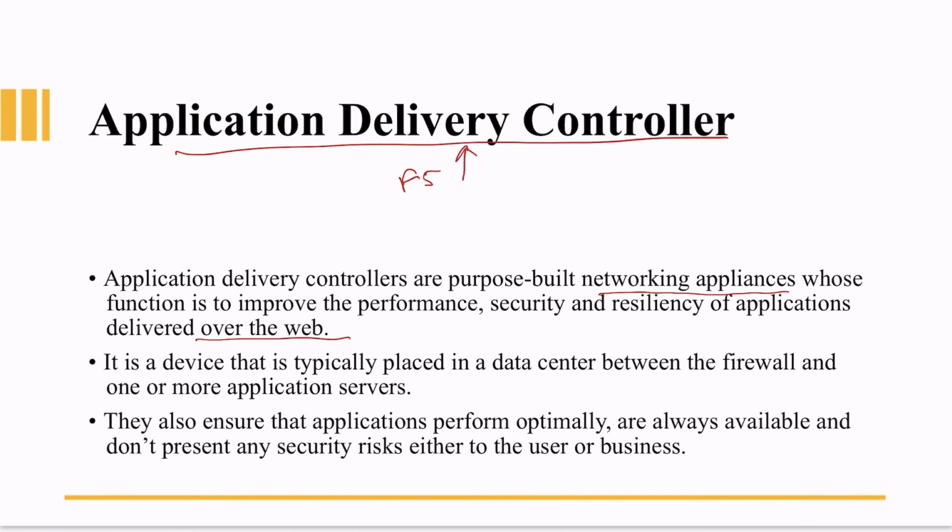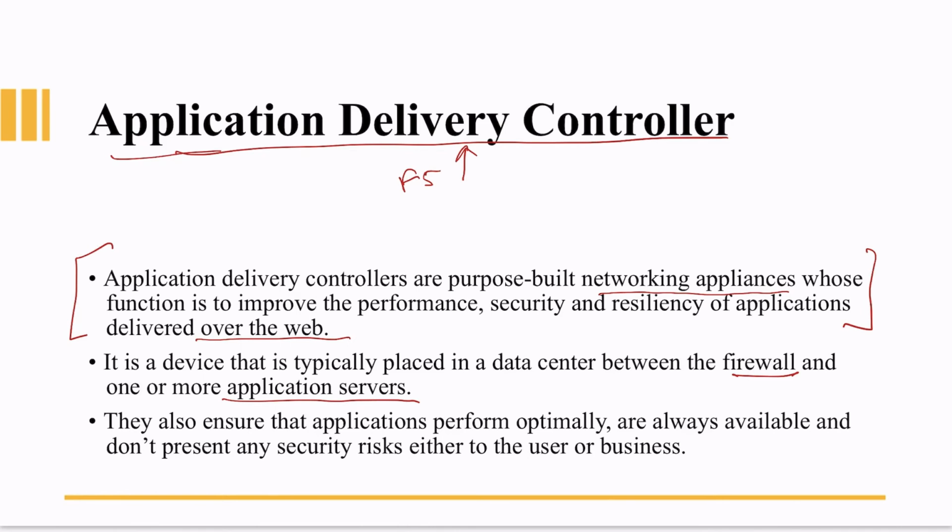Okay, so this is a category of devices. The device which deals with delivery of application is known as ADC. This is a device that typically sits between the firewall and application servers. I told you, the F5 Big IP load balancer is the ADC here.